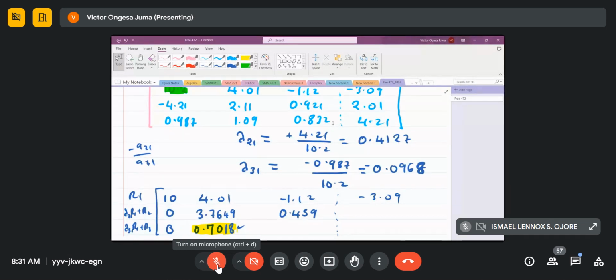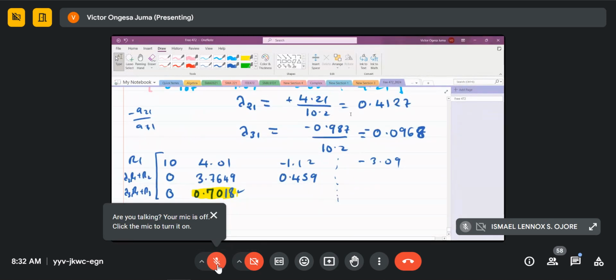I did that one, the multiplier negative 0.0968 multiplied by negative 1.12. What do you get? First, you just multiply those ones. 1.12 multiplied by 0.968, what do you get? And then plus 0.832. I'm still getting 1.9162. Can you confirm your values?